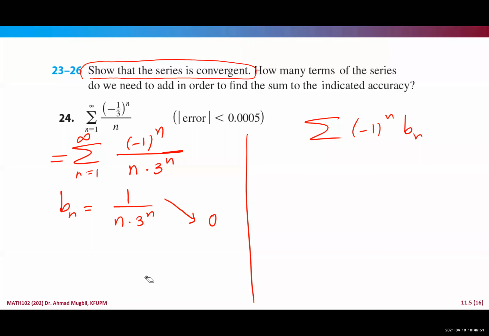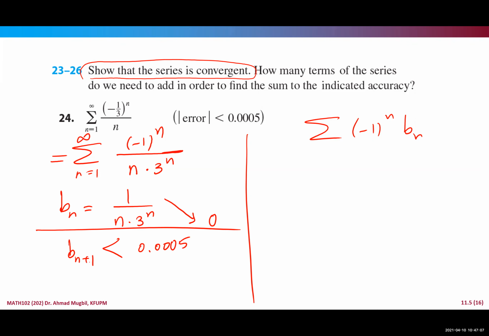What I am interested in now is how many terms we need to add in order to get the sum less than this. So here what you need to do is find bn plus 1 less than 0.0005. What is bn plus 1?